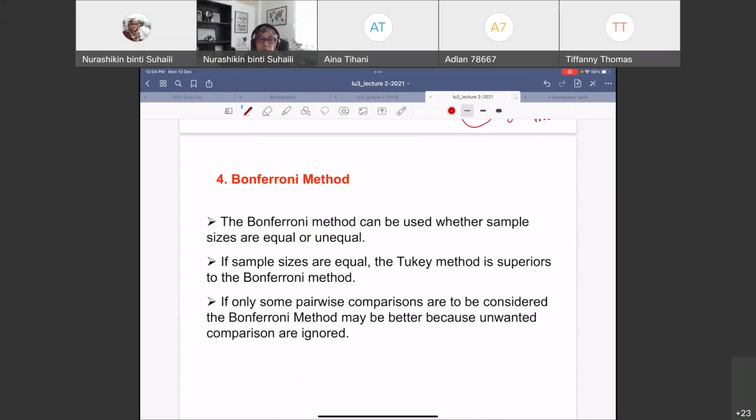So it is more flexible than Tukey test. But if the sample sizes are equal, although Bonferroni method can be used, Tukey method will actually be better. It's superior to the Bonferroni method. That's the difference between Tukey and Bonferroni.